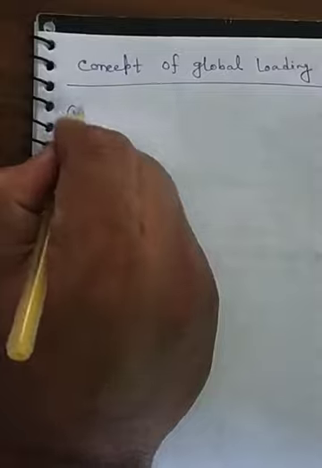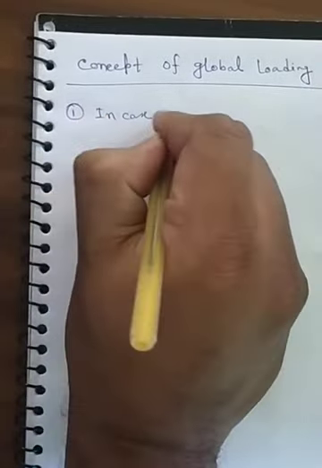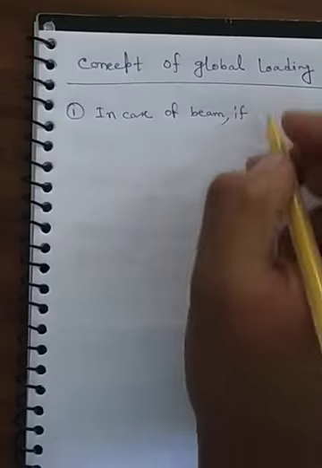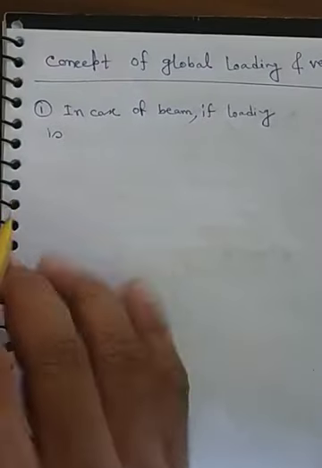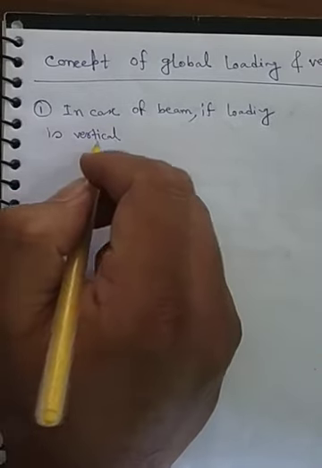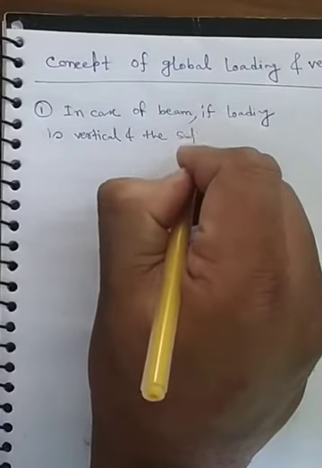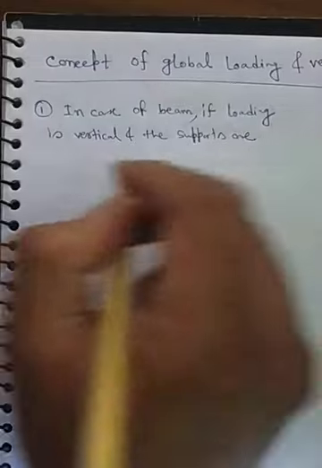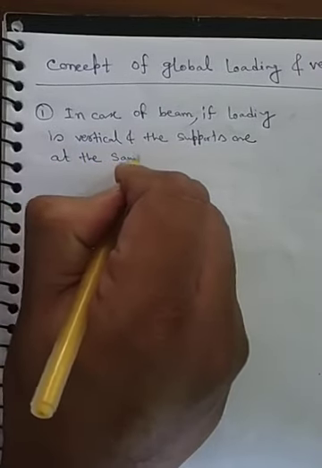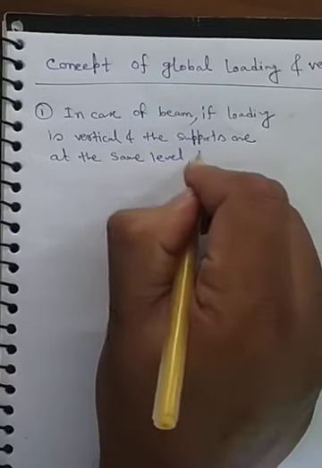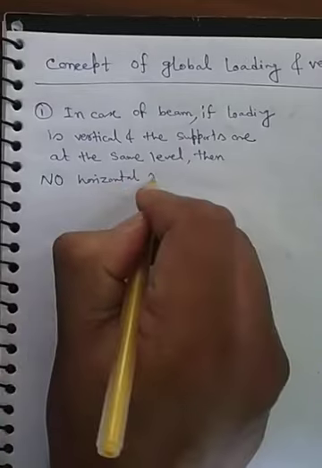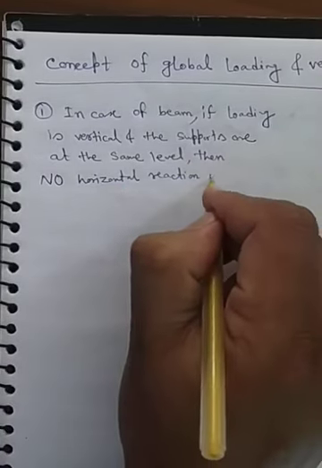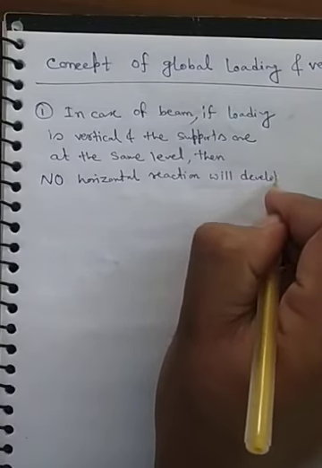there are 2 points. In case of beam, if loading is vertical and the supports are at the same level, then no horizontal reaction will develop.